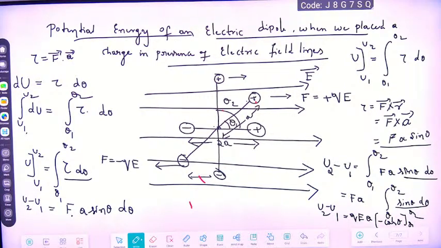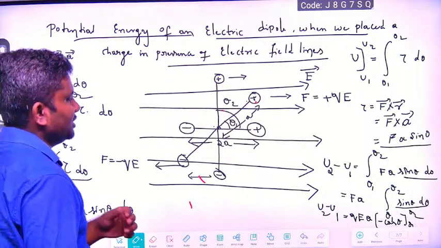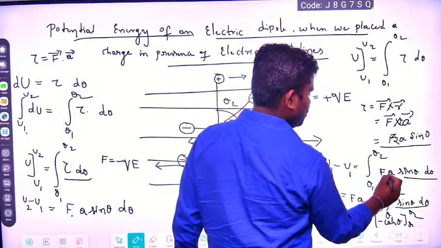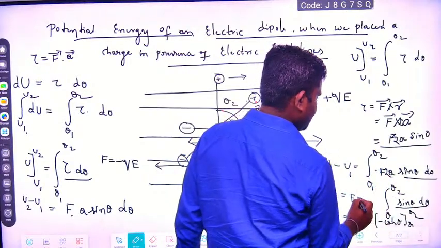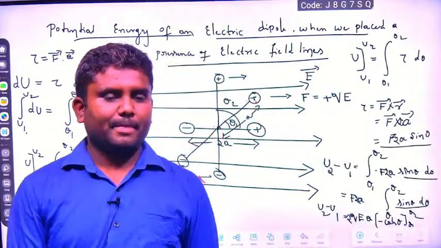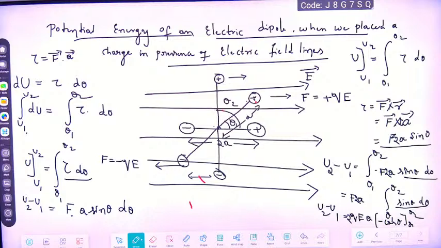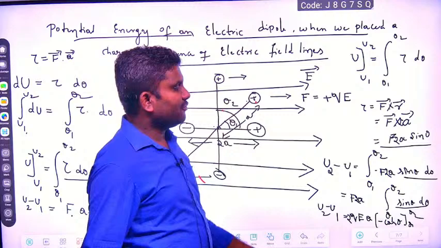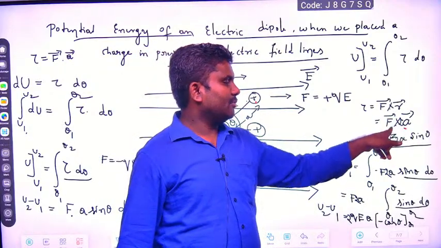The total distance we need to take now is for the dipole. The total distance is not just A, it is 2A. So F into 2A. Because both charges are moving, force into displacement is F into 2A.